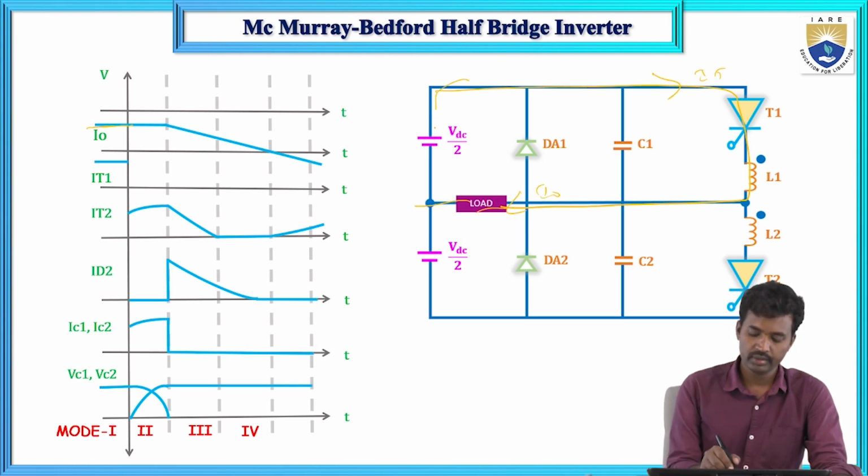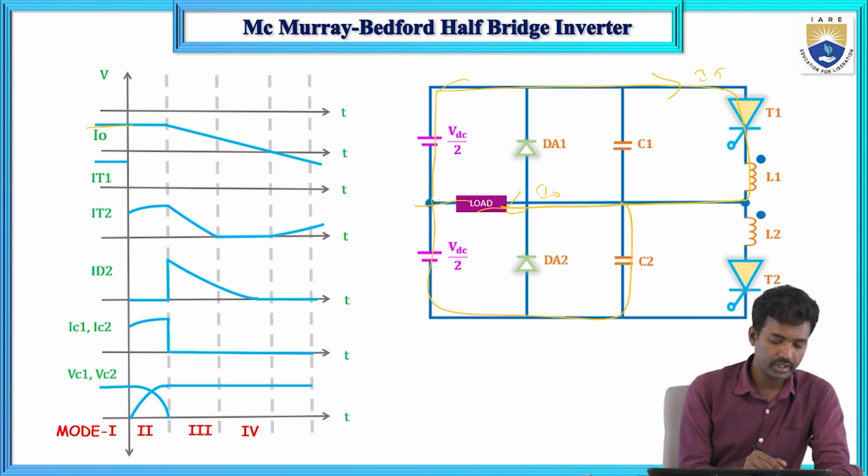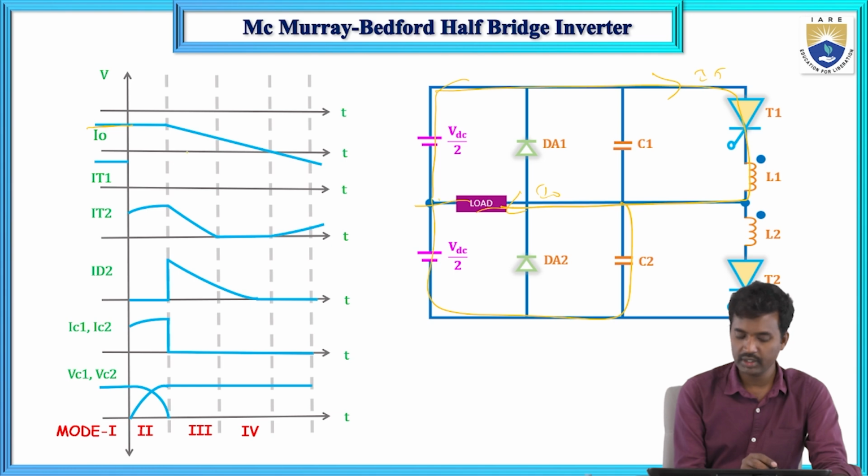Now this is IT1, and IT2 current is initially 0. IT2 is also not conducting.